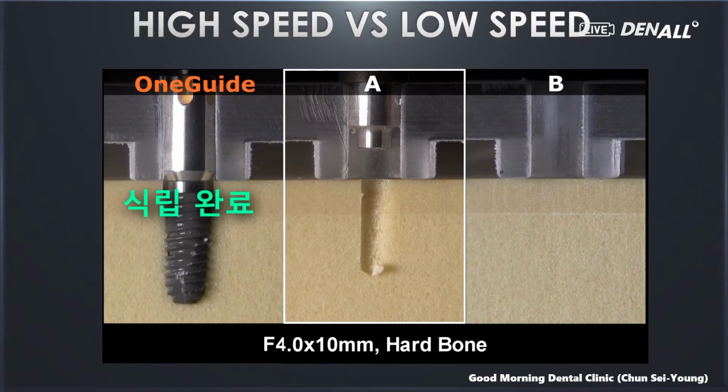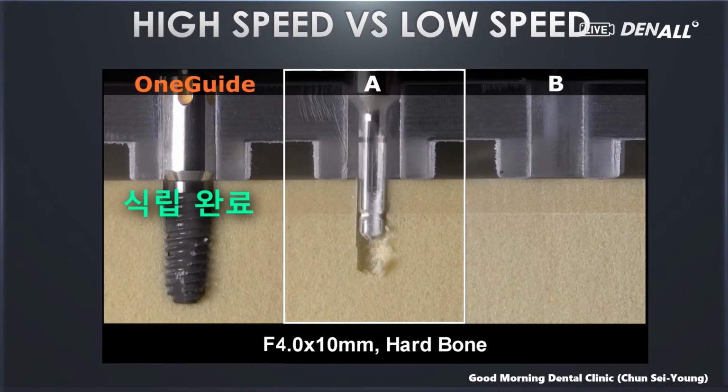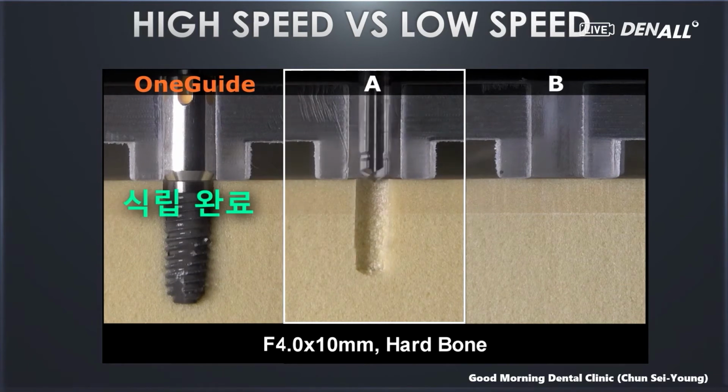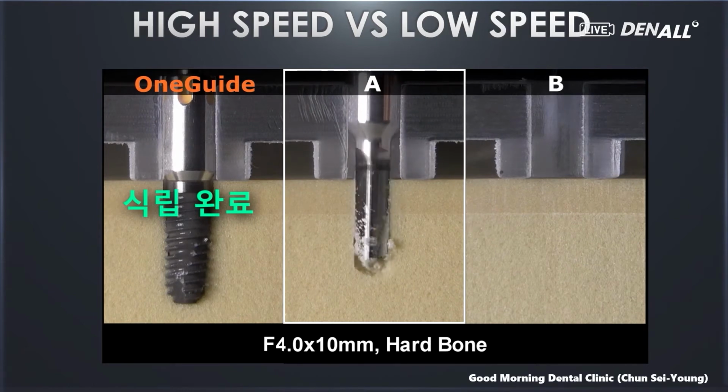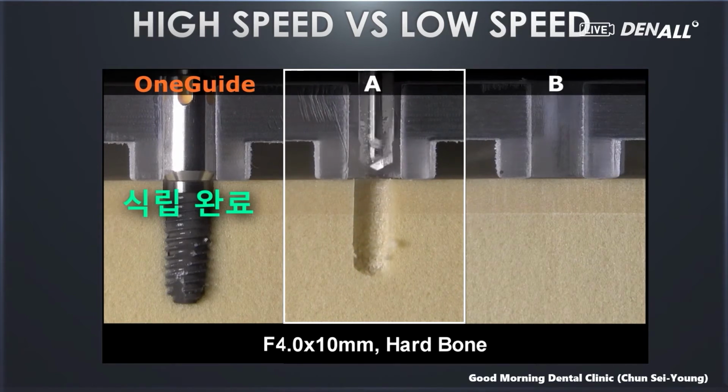If you look at this image, what I realize is that when there is no sleeve and the drilling is done at a low speed, if you look at the inside wall of the hole, compared to the high-speed drilling, this is more stable and no distortion is made in this case. So, when a guide sleeve is not used, low-speed drilling is more accurate than the high-speed drilling. That's what I've been thinking about for a long time.